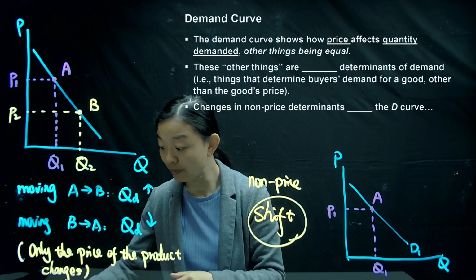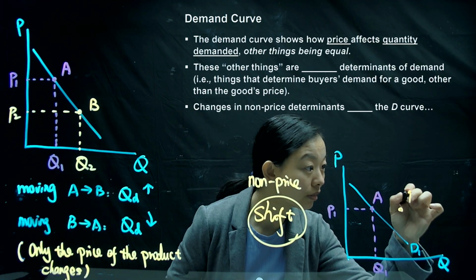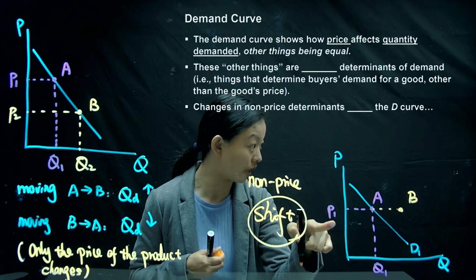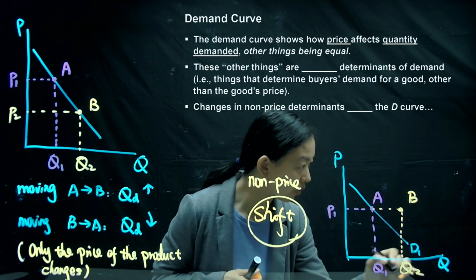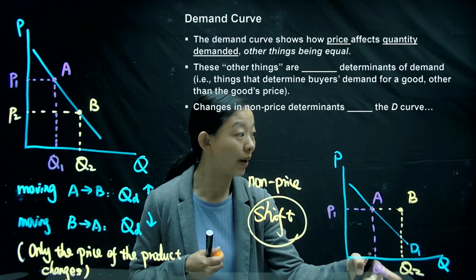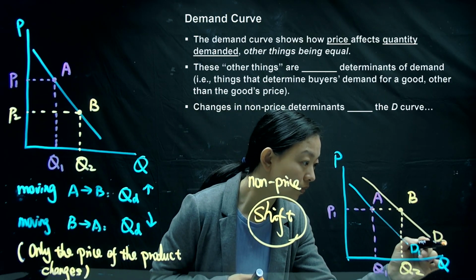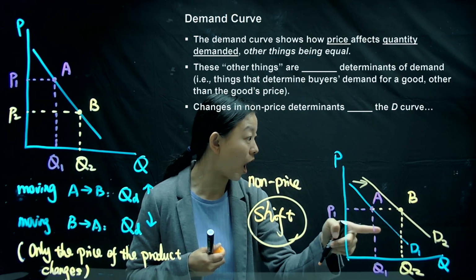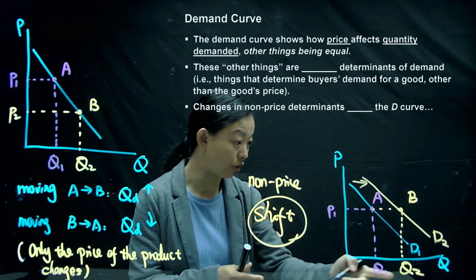You can see A and B have the same price, okay? However, now because of your income increase, you can buy more steak or more seafood. It actually shifts this demand curve outwards, right? Shifting the demand curve outwards means the demand increases.